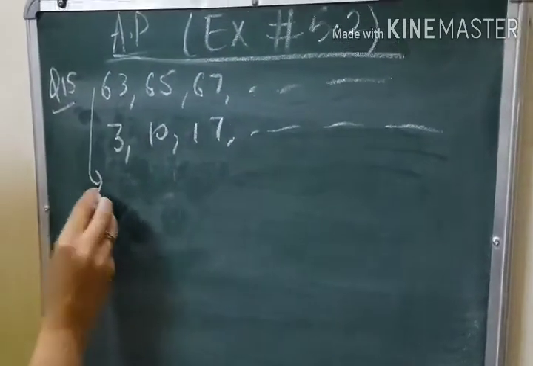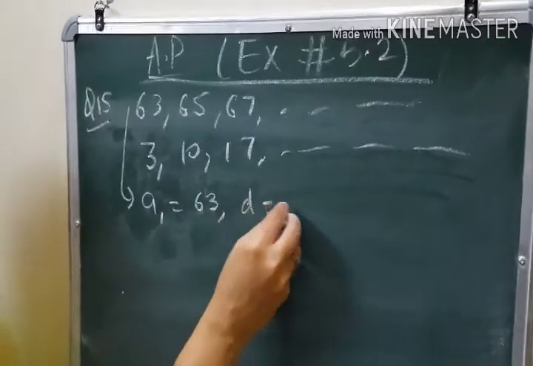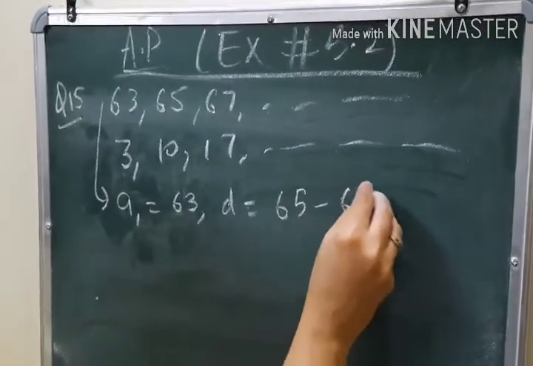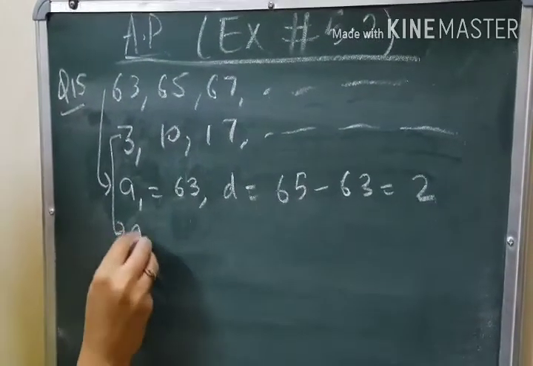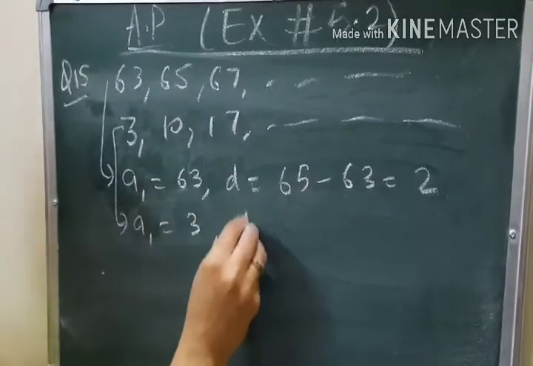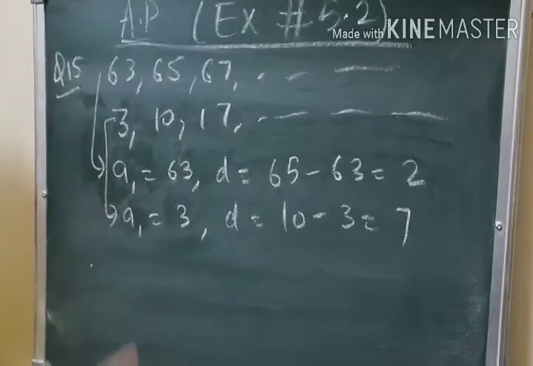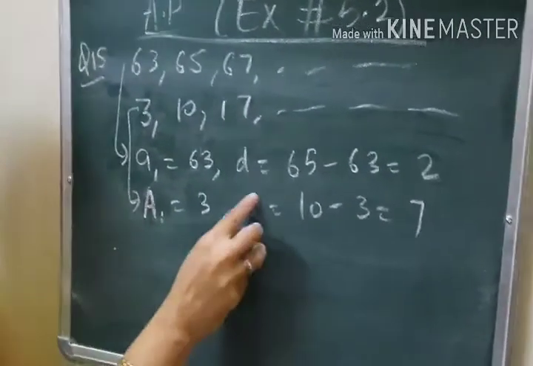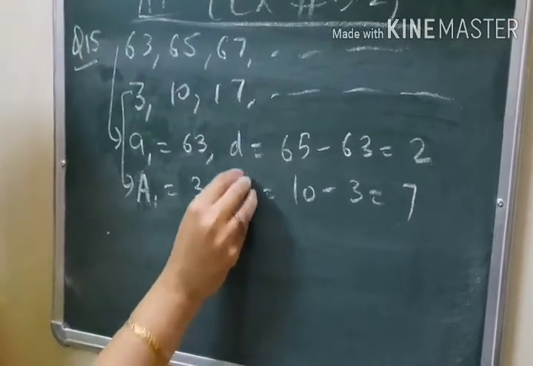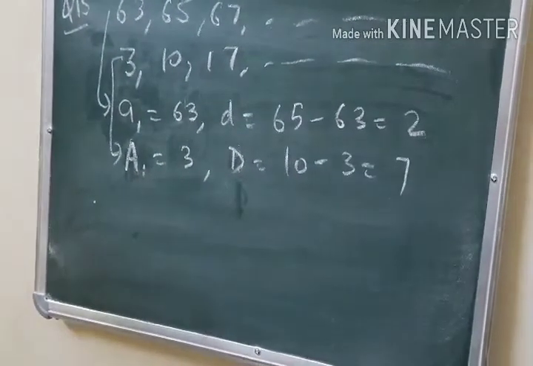So from the first AP, your A1 is 63, D is 65 minus 63, which is 2. And from the second AP, A1 is 3 and D is 10 minus 3, which is 7. So we have found the first terms of both. Let us write the second one as capital A1. The differences are not the same, and even the first terms are not the same.